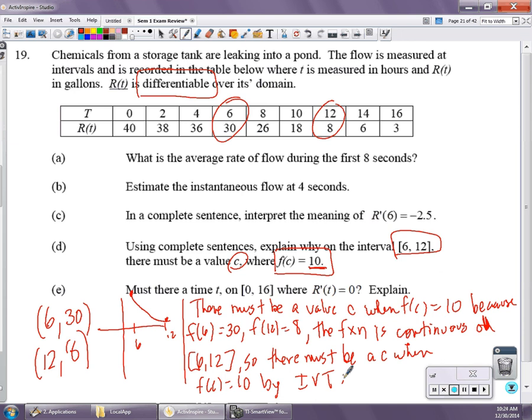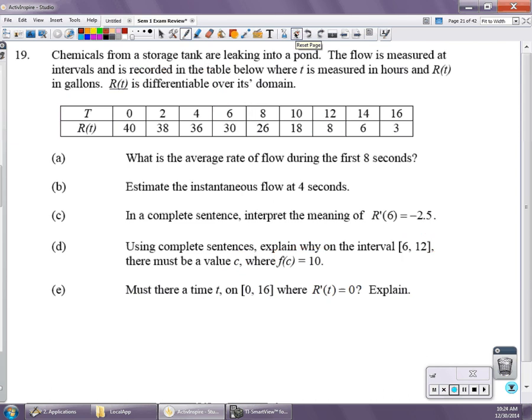Letter E, must there be a time t? Let me clear the board here. Must there be a time t from 0 to 16, where r prime of t is equal to 0? All right, so now we're asking about a derivative.